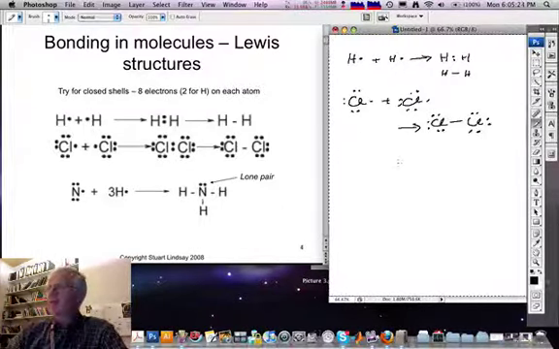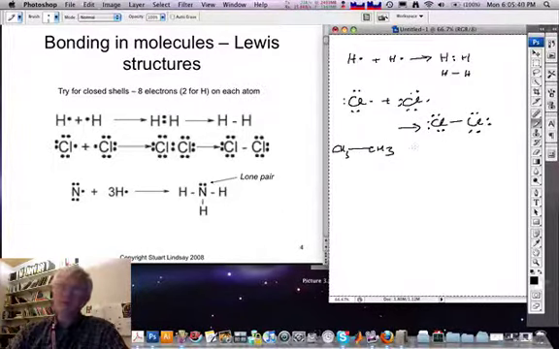Sometimes it's necessary to form more than 1 bond in order to give each atom its closed shell configuration. So let's take this example now of CH3, CH3. Each of the carbons has a total of 3 shared electrons with the hydrogens and 2 with this bond. So this is a correct structure.